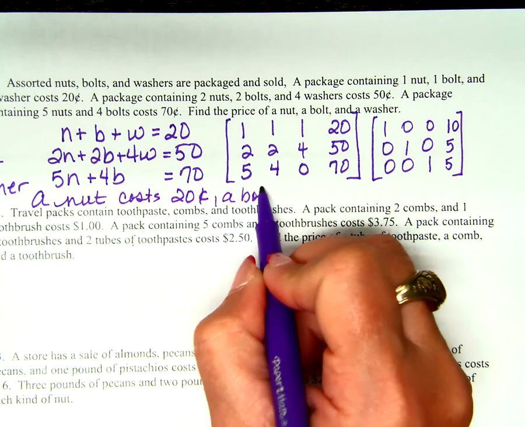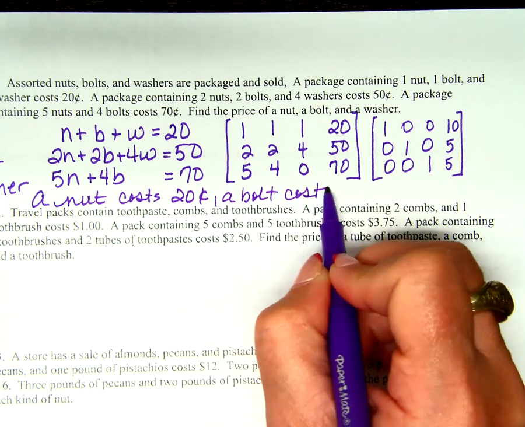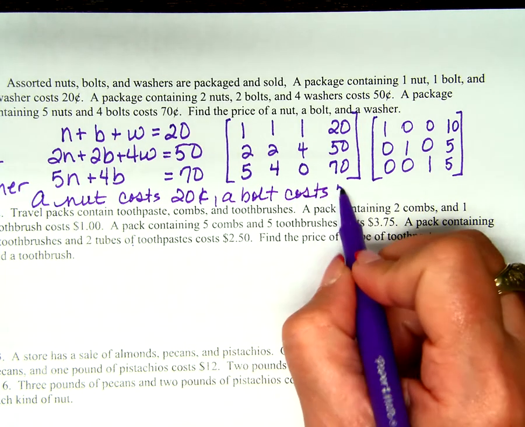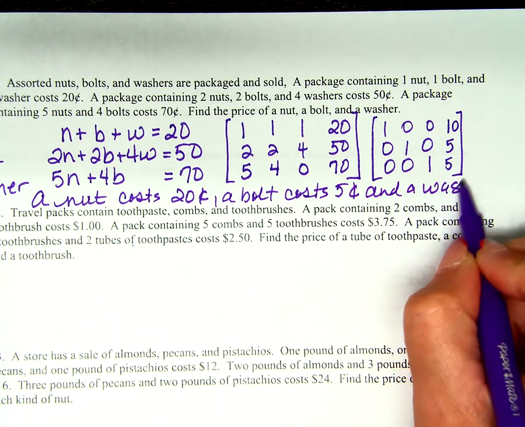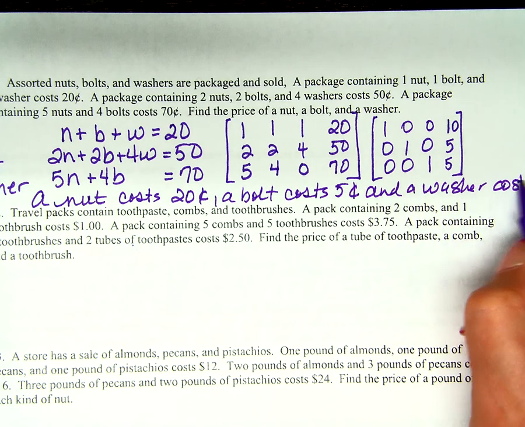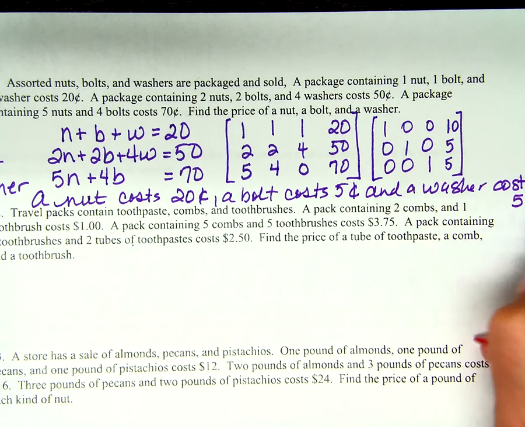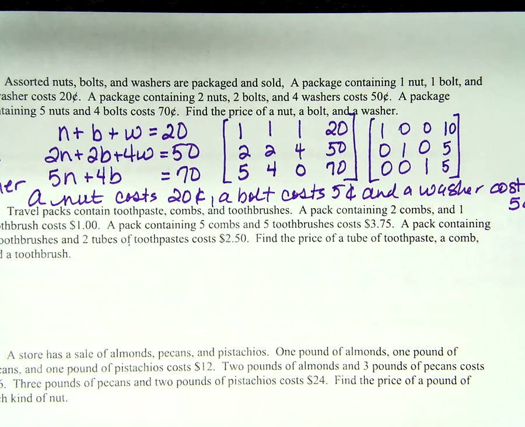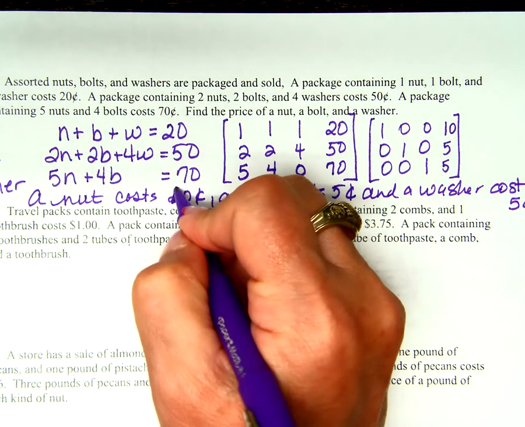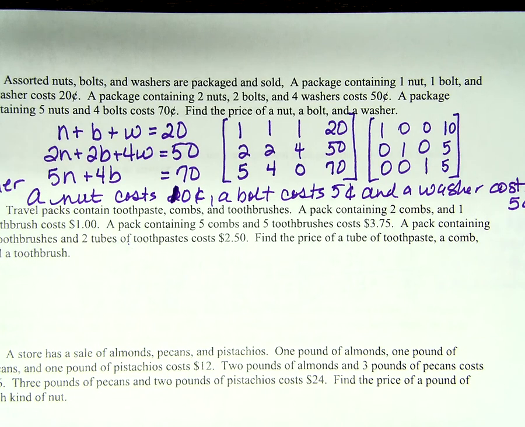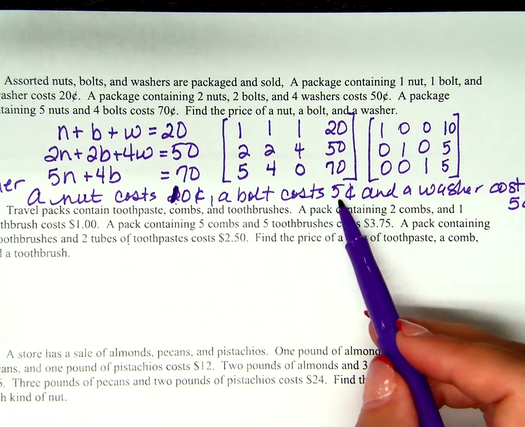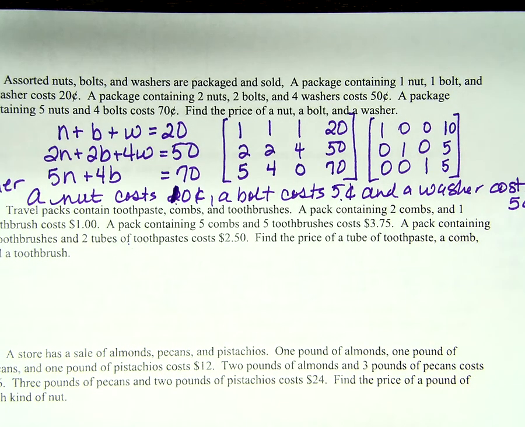A bolt costs 5 cents. And a washer costs, oh man, 5 cents. Oh, sorry, thank you. Good catch. A nut costs 10 cents, a bolt costs 5 cents, and a washer costs 5 cents.